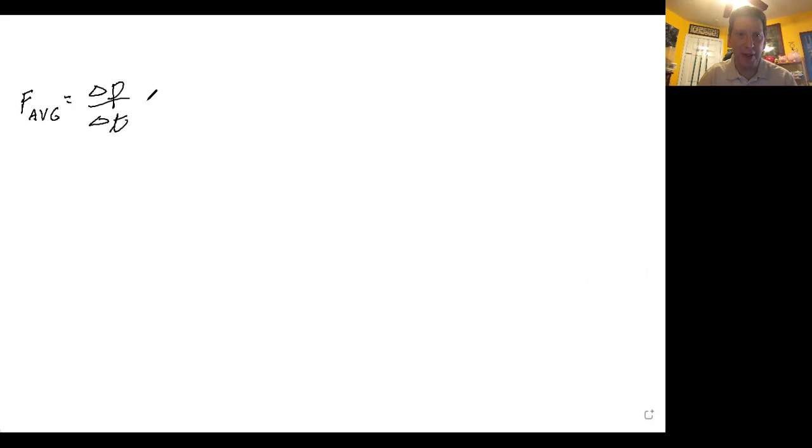So it's delta P over delta T, and we can write that as M times delta V over delta T, which we can write as M times (VF minus VI) divided by delta T. The mass of the pool ball is 0.240 kilograms.